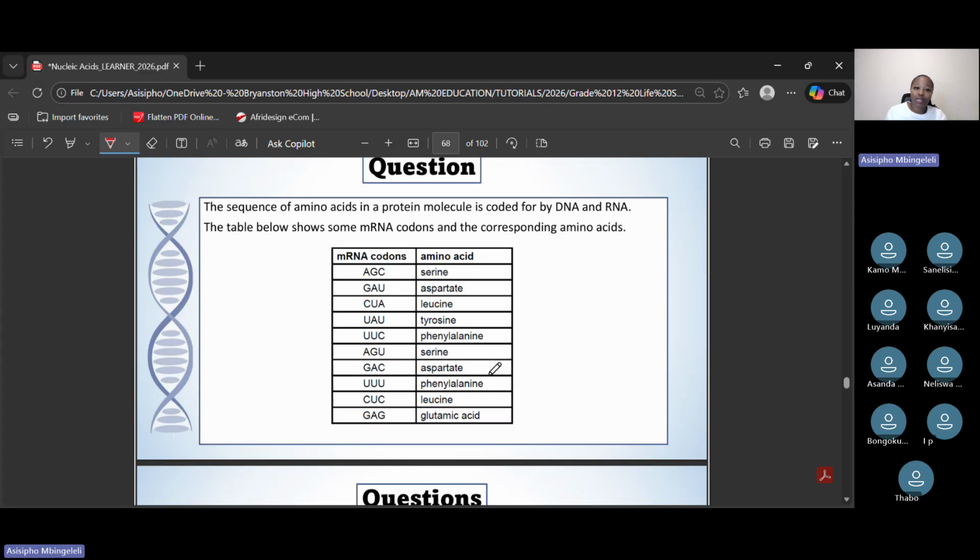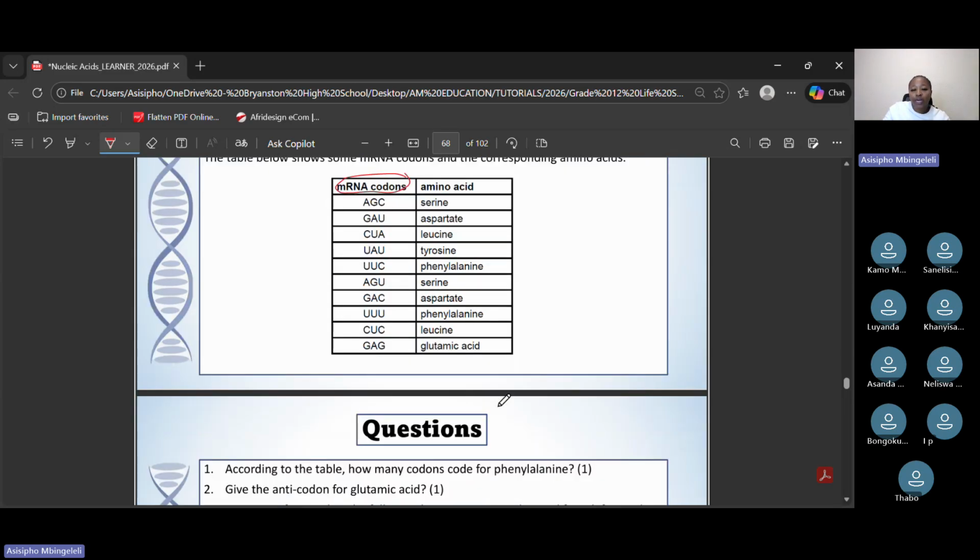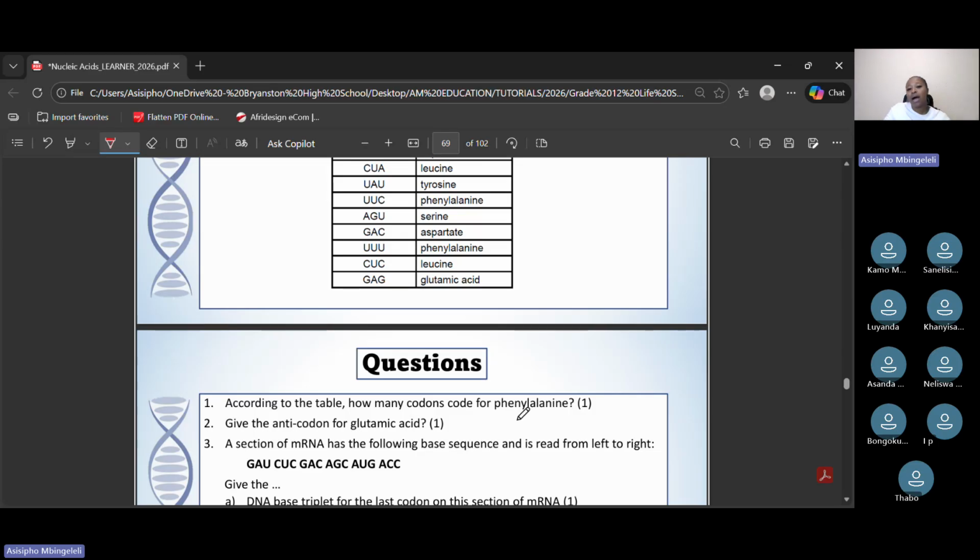The table below shows some messenger RNA codons and the corresponding amino acids. According to the table, how many codons code for the amino acid phenylalanine? How many codons code for amino acid alanine?